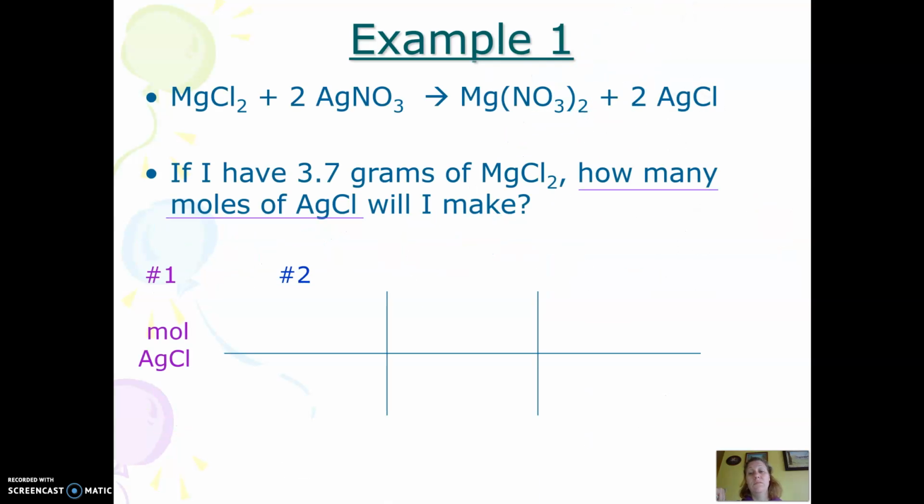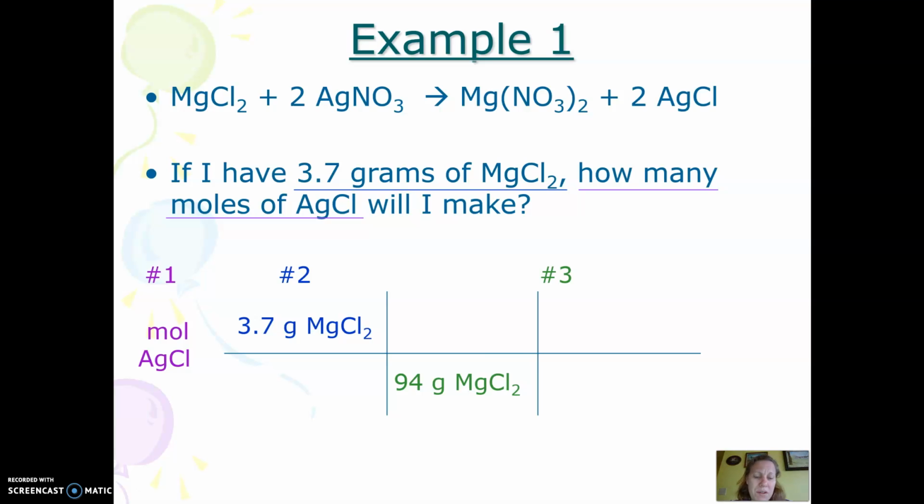Okay, so I did the molar mass already, but if you want to know, I actually don't know what Mg is, but Cl is 35 plus 35, so that's 72, so whatever is left for magnesium, 22.